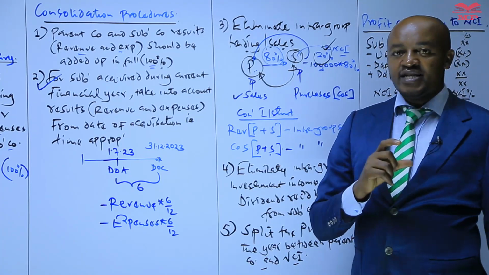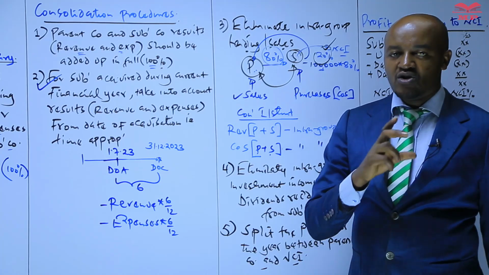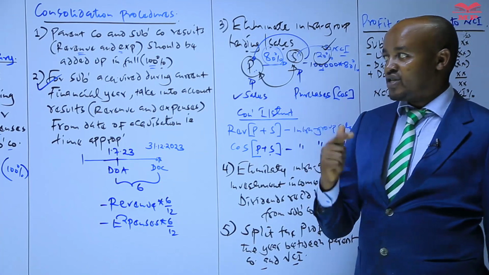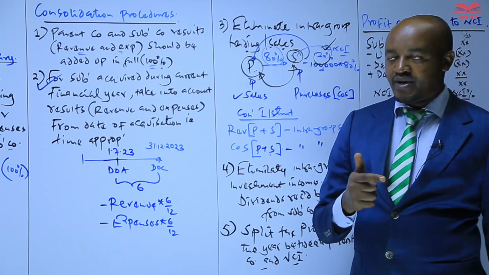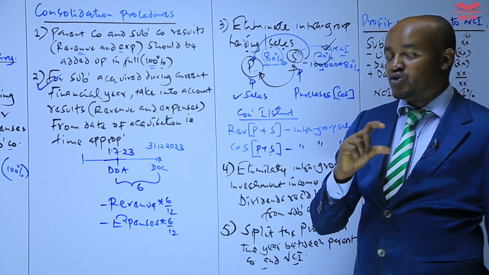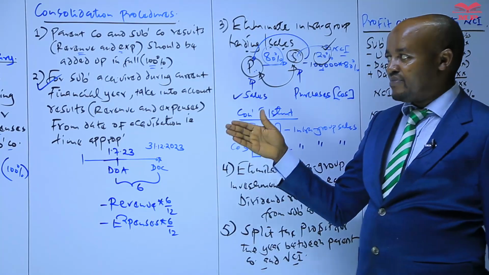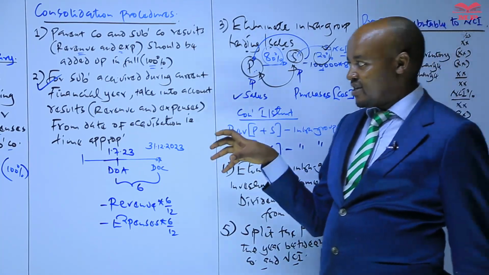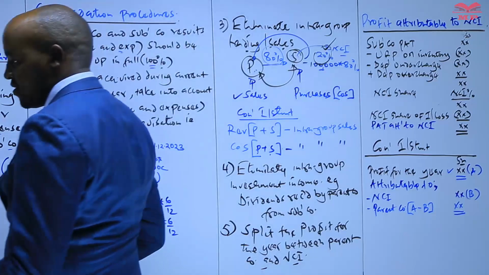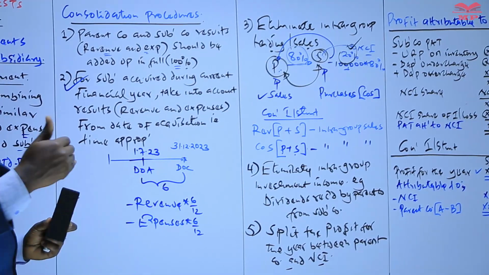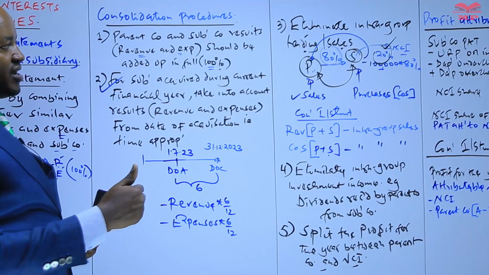Now, before we look at an illustration, there are some key consolidation adjustments which are made in preparing a consolidated income statement, which you must be aware of, and you must be in a position to know how to deal with them. Therefore, I want us to briefly look at them, but most of them are related to what we have discussed in our previous sessions.